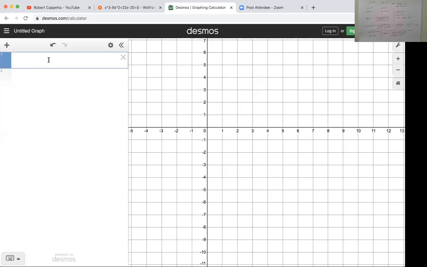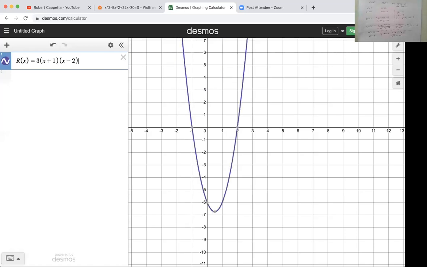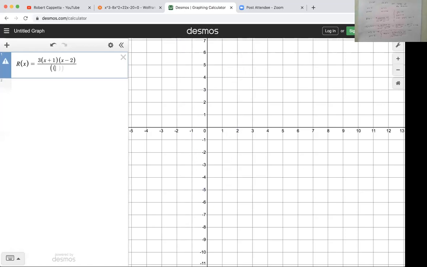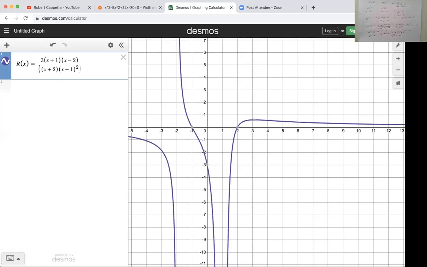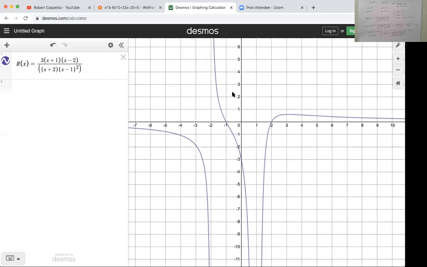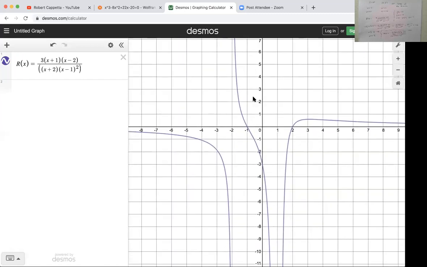And what do I believe my function should be? A, 3 times x plus 1, x minus 2, divided by x plus 2, x minus 1 squared. And how similar does that look to what we had on the other page?